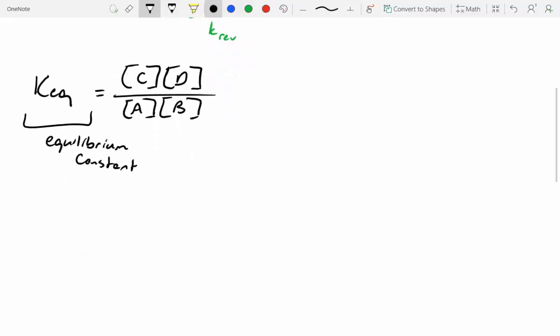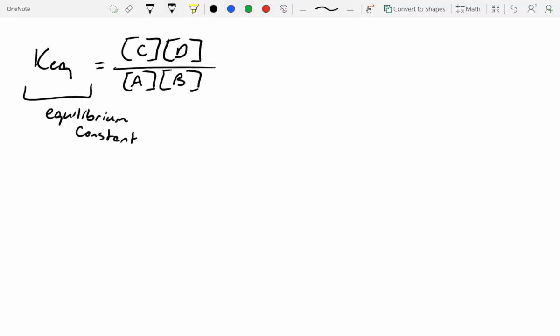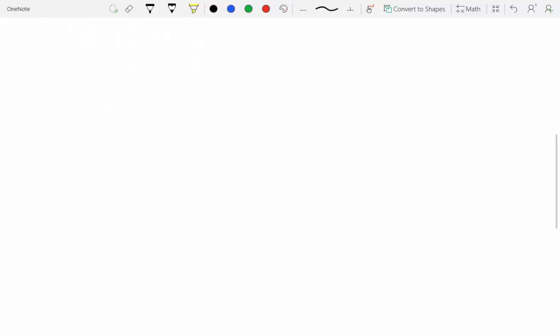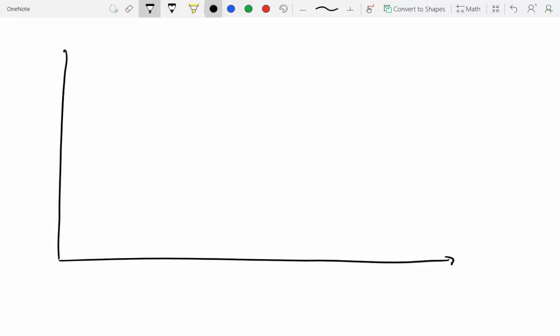All right, another way I like to view this is, let's say we've got a reaction coordinate diagram, and I've got Gibbs free energy on this axis. At this position, I have only A plus B, and at this position, I have only C plus D. So let's imagine we have only A plus B. That's not going to be very stable in that equilibrium, right?